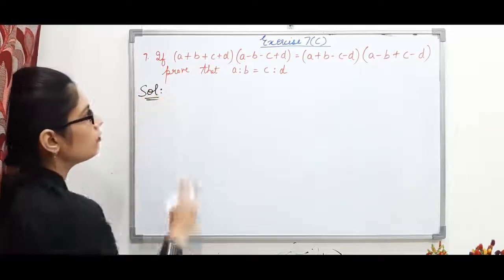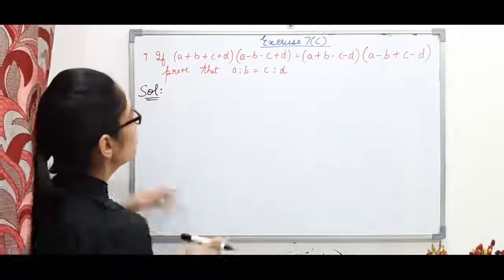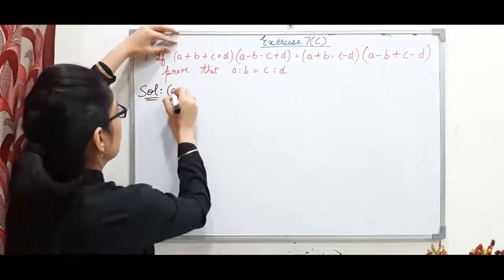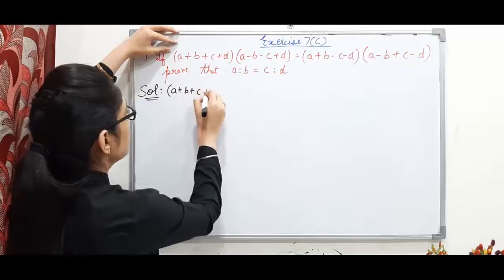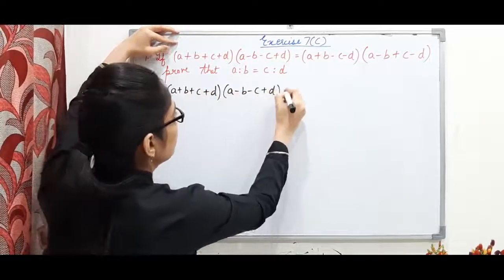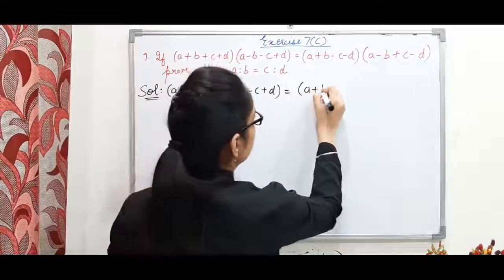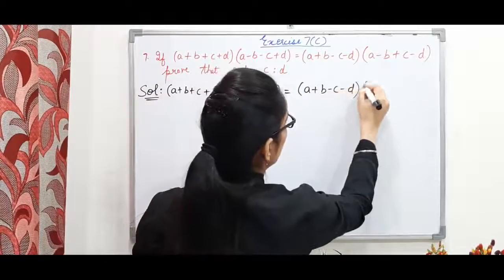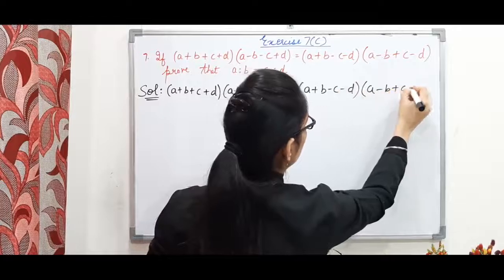So from the given thing we have to start. So I will write it, (a plus b plus c plus d) into (a minus b minus c plus d) is equal to (a plus b minus c minus d) upon (a minus b plus c minus d).